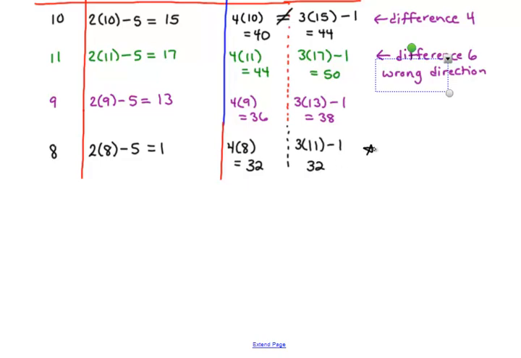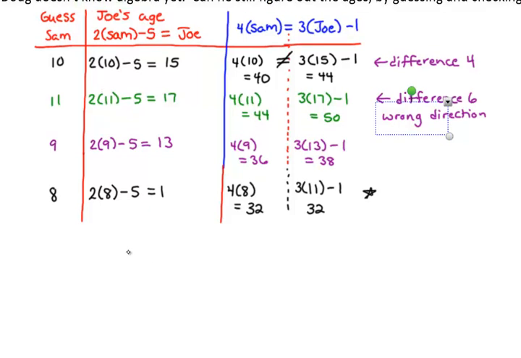Hey, that means that we guessed correctly. So Sam is 8, and Joe is 11. And that's how you do guess and check.